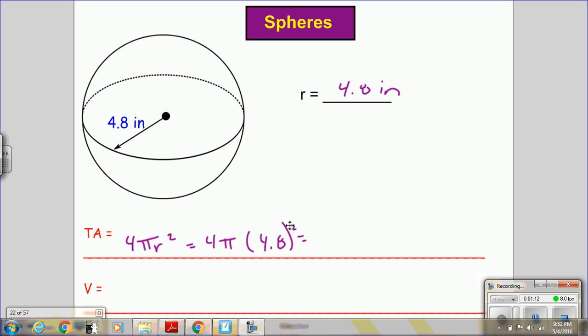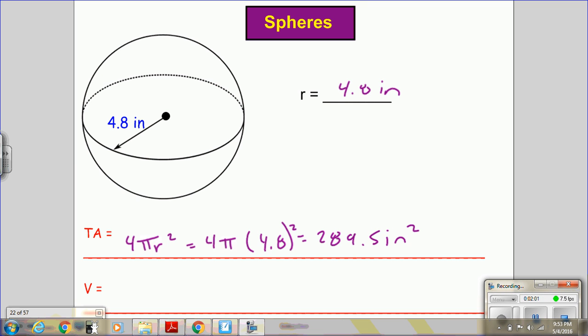And when you put that in a calculator, you'll get approximately 289.5 inches squared because it's still area.